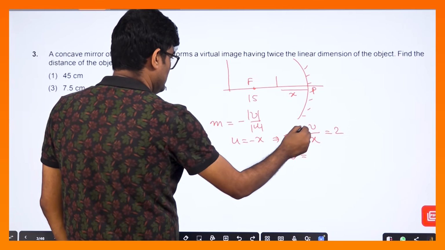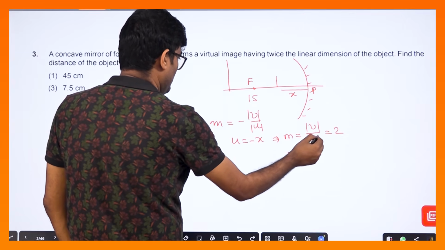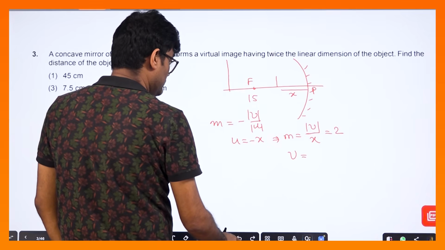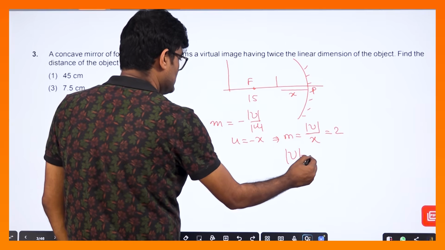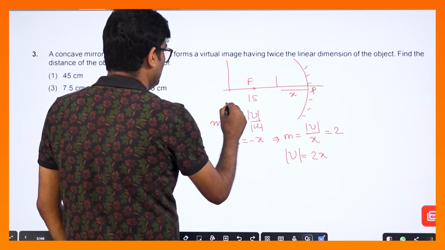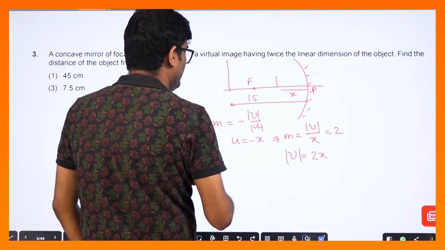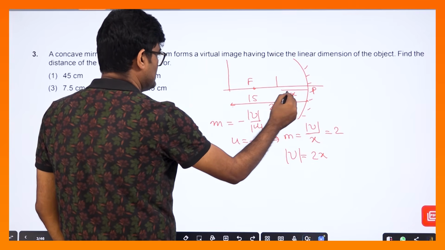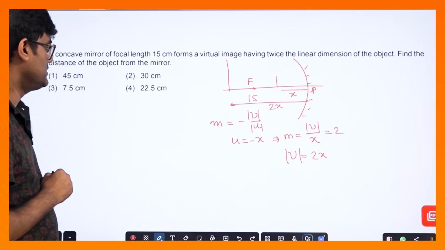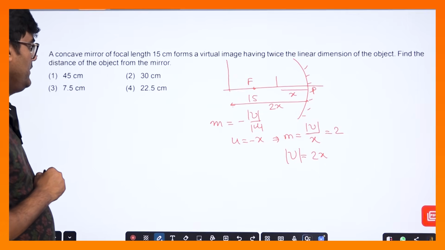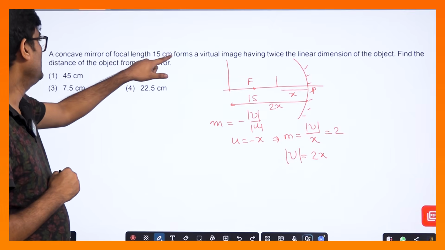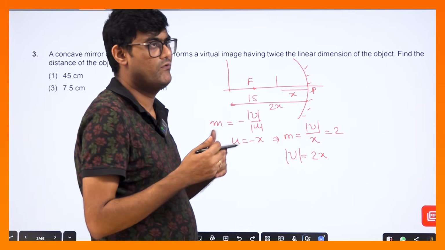So mod v is equal to 2x, and you can see that the image distance is equal to 2x if the object distance is x. Then only the magnification is 2, right? It says that the concave mirror forms a virtual image having twice the dimension.